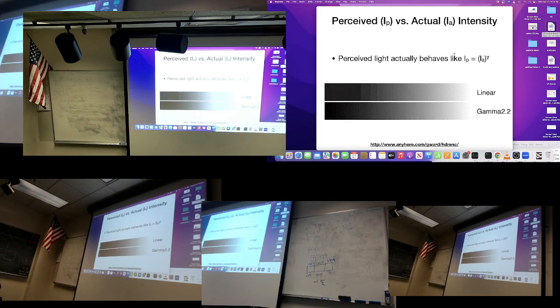Okay, so with gamma correction, here is the original strip where the RGB value changed linearly, but it doesn't look like it changed the middle way. And here, after correction with gamma, arguably better.